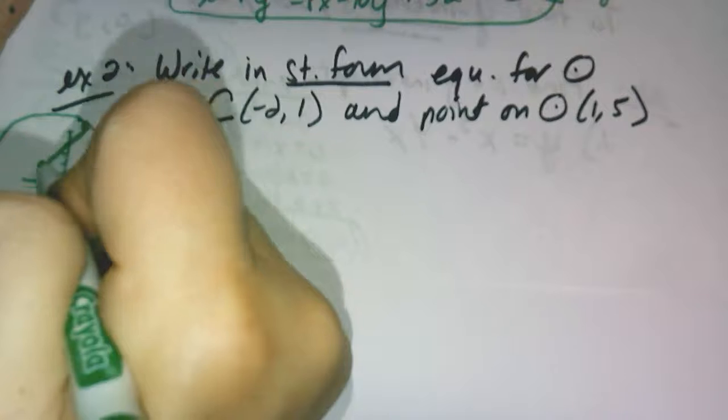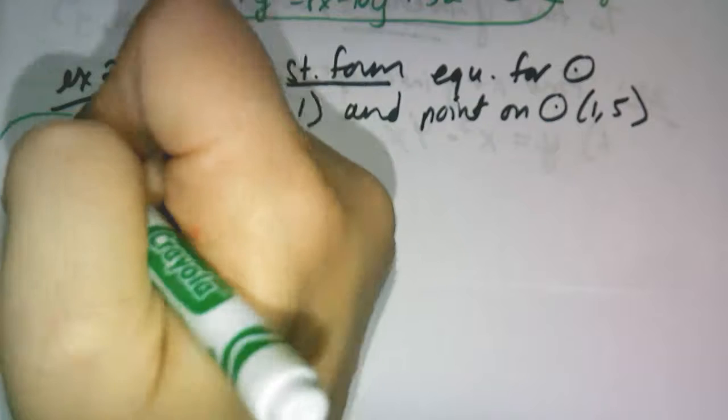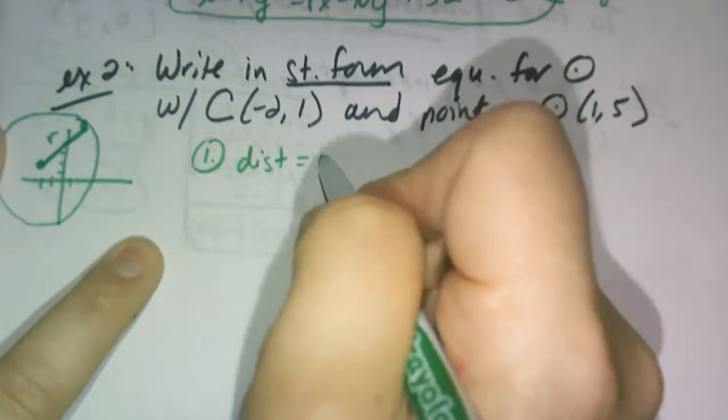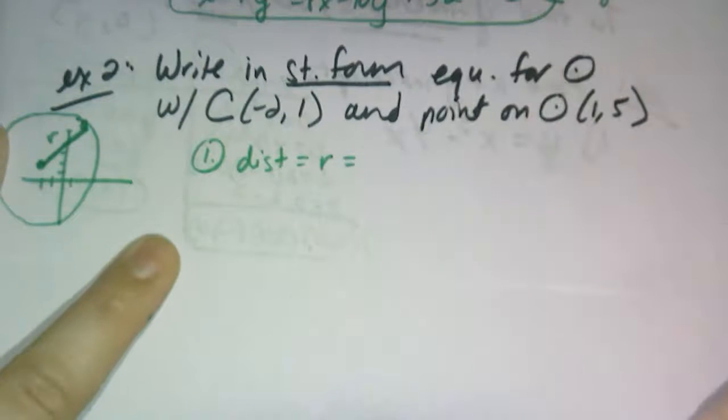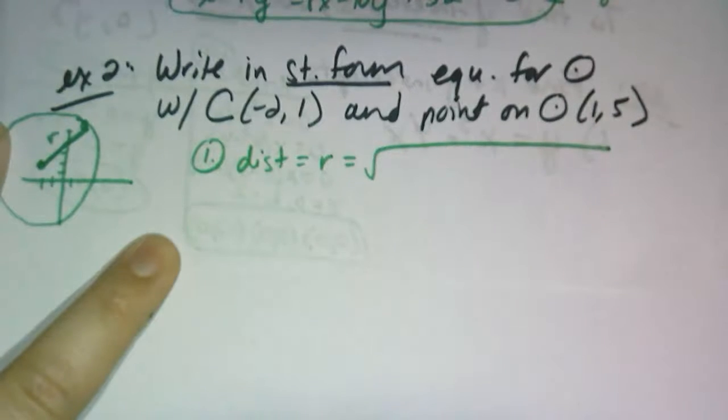So what's this called? Yes, it is the radius, but you need to find the distance. So number 1, you have to find the distance, which is your r, using the distance formula. We've been using the distance formula, that's all we did yesterday. It's really easy.